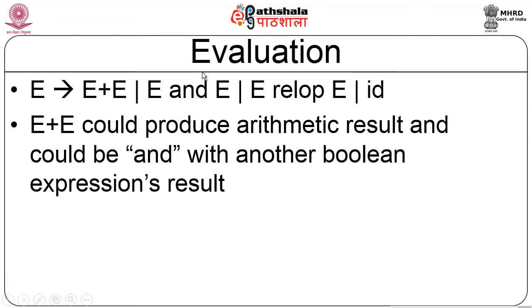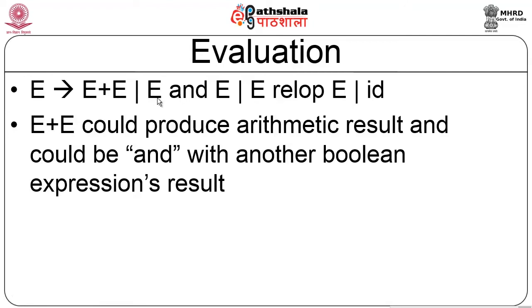If we consider the expression E produces E and E, the LHS E could be an arithmetic expression's result, and that should be ANDed with another E. So, how do I relate them? Here this expression E could be a positive value or a negative value, because it is E plus E, I mean it is addition of two numbers.